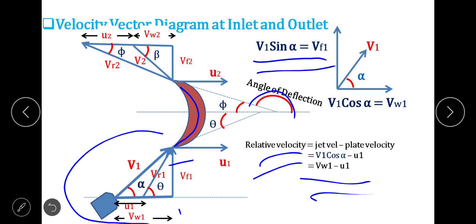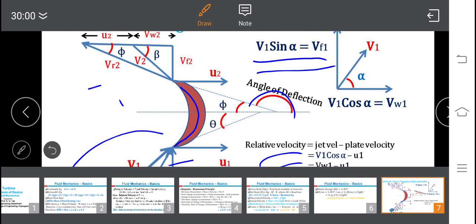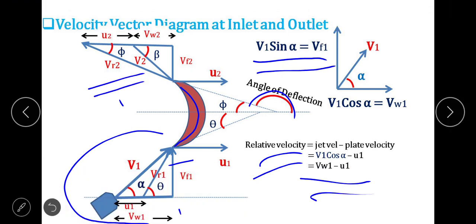U2 is the velocity at outlet, Vw2 is the velocity of whirl at outlet, Vr2 is the relative velocity at outlet, Vf2 is the velocity of flow at outlet, whereas Vf1, Vf2 are velocities of flow, Vw1 and Vw2 are whirl velocities, V1, V2 are the velocities at inlet and outlet, U1 and U2 are the velocities of the plate at inlet and outlet respectively.